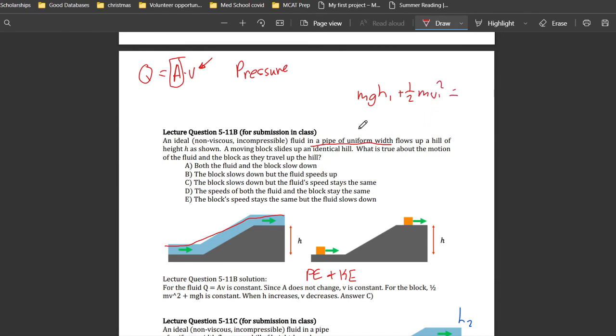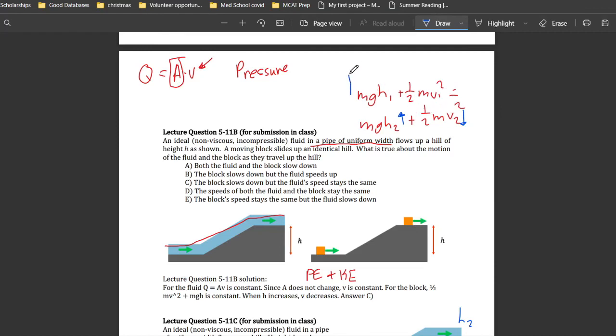And that would be equal to the mass times the gravitational acceleration times the height at point 2, plus 1/2 times the mass times the velocity squared at point 2. So if the energy within this system is to remain the same, then as height increases, the velocity must decrease in order for these two sides of the equation from point 1 to point 2 to remain the same.